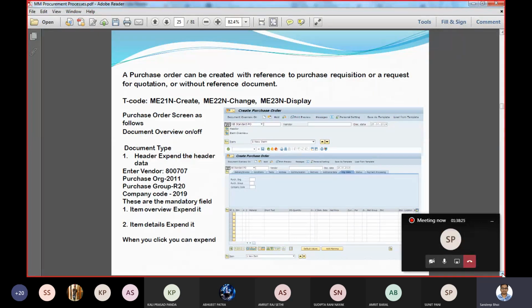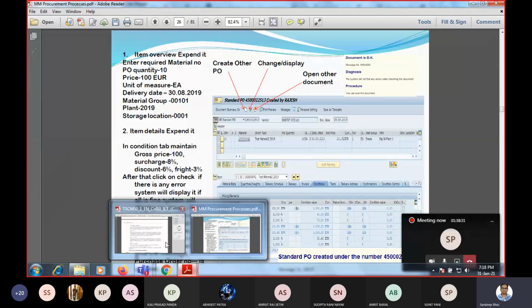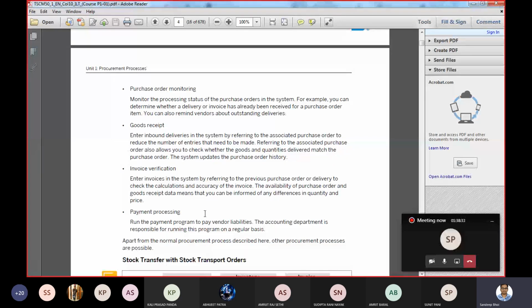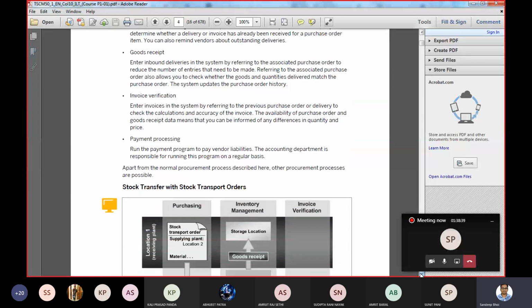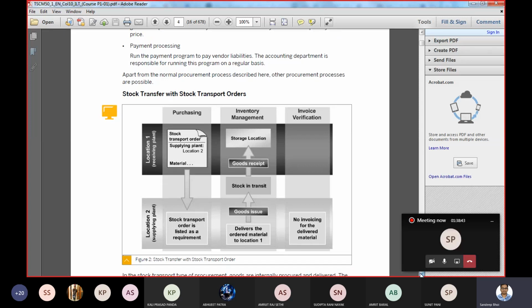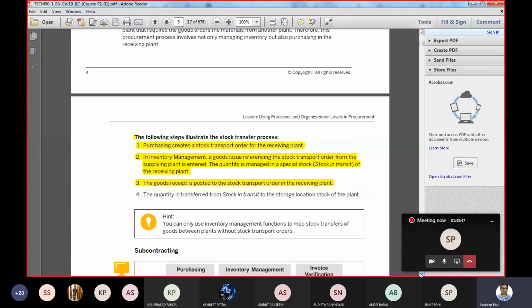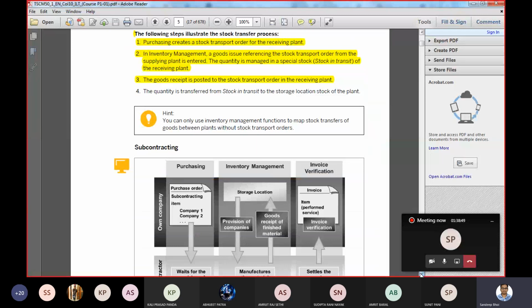So I'll directly enter chapter number 1, and I hope I have discussed all the related things in chapter number 1: stock transfer with stock transfer orders, and the following steps illustrate the stock transfer process.